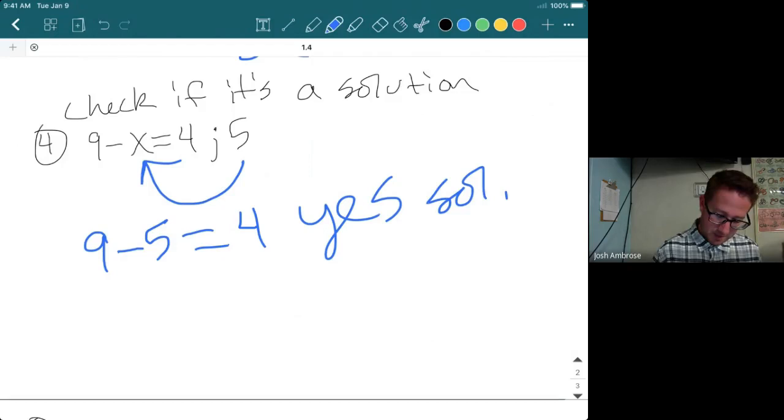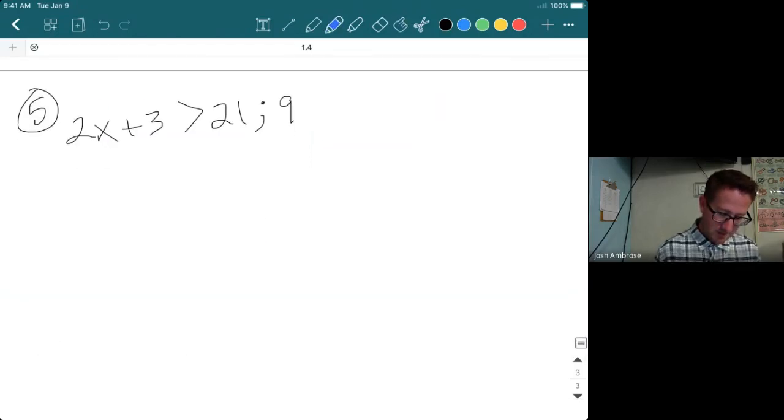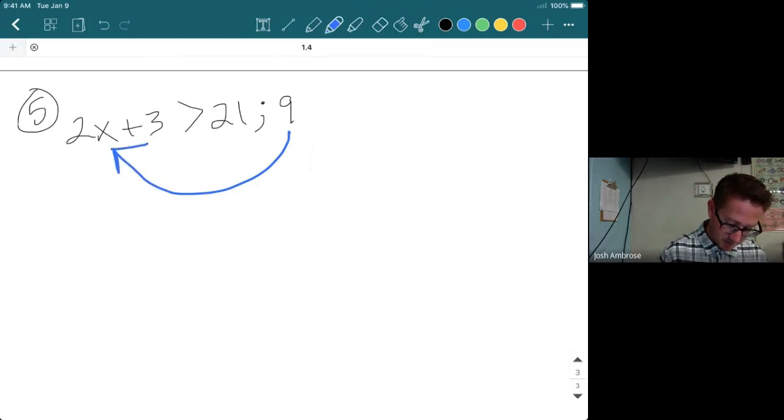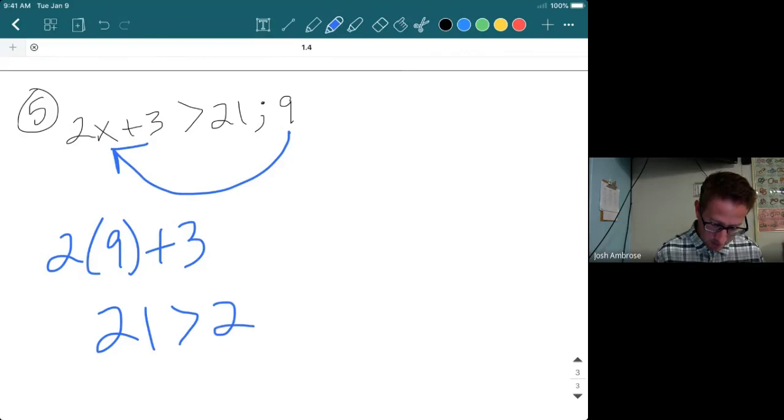Okay. Last one. Let's take a look at example number 5. Same directions, just didn't write them. So check the solution. Does this work? Take 9, plug it in for x. So you're going to have 2 times 9 plus 3. Let's figure out what that is. 2 times 9 is 18, 19, 20, 21. So this is saying 21 is greater than 21.